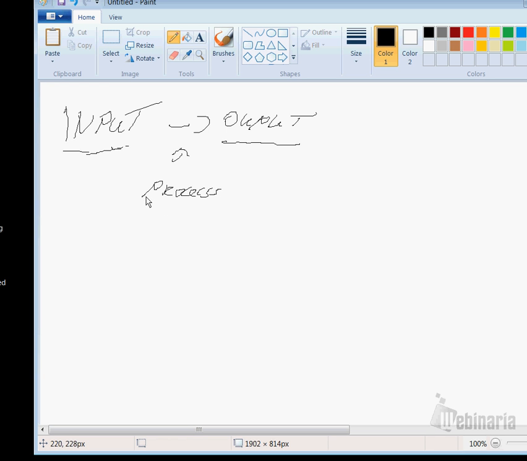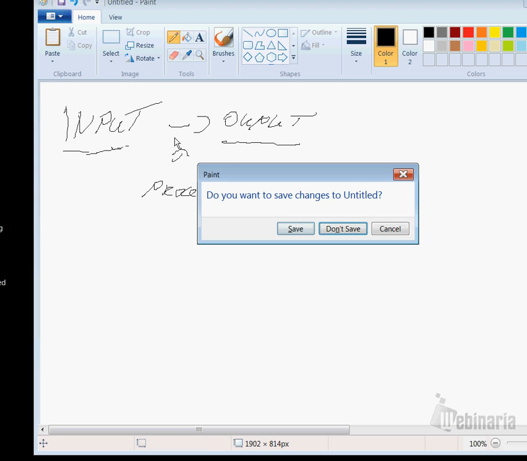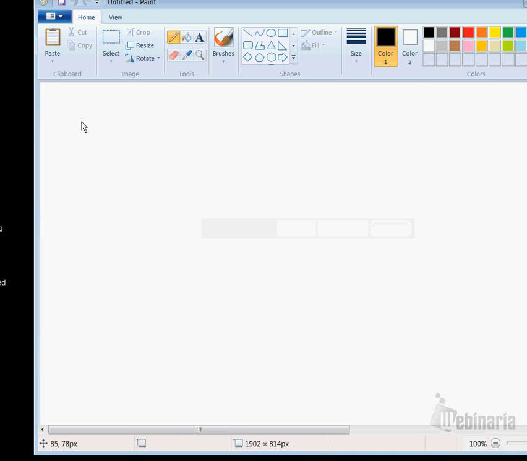Okay, so let's expand a little bit on our definition of the information system. Let's just clear this away. An information system takes an input and processes that input and turns it into an output.